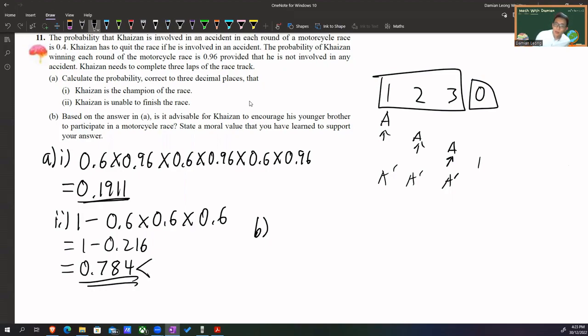So based on this, unable to finish the race means the probability that he gets into an accident is 0.784, which is a very high probability, 78.4%. Yeah, 78.4% is very, very high. So you should know how dangerous it should be. So definitely it's not advisable.